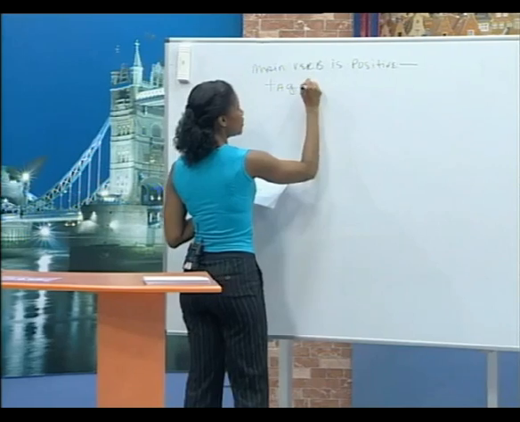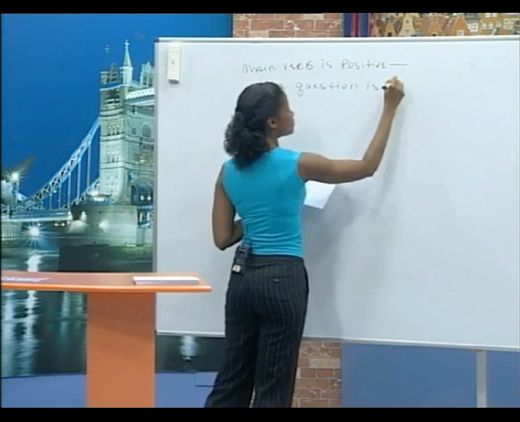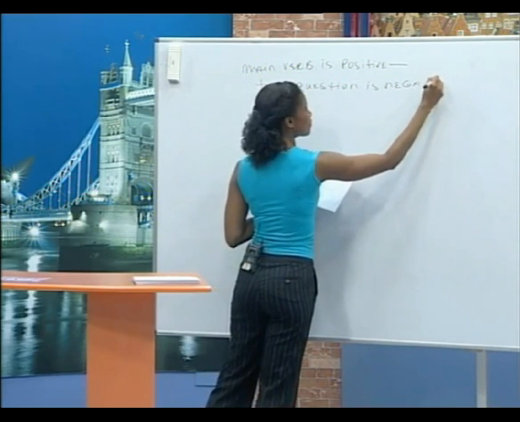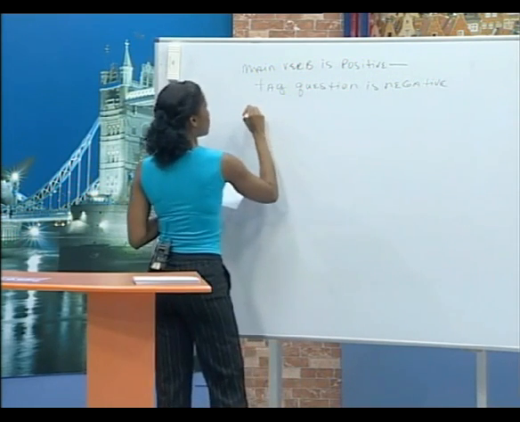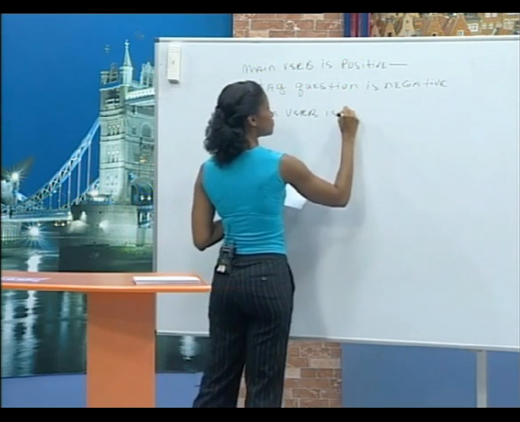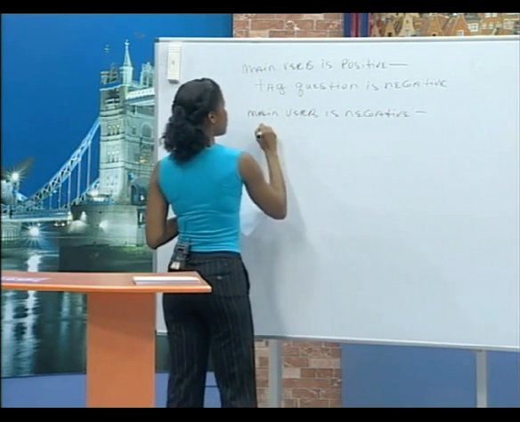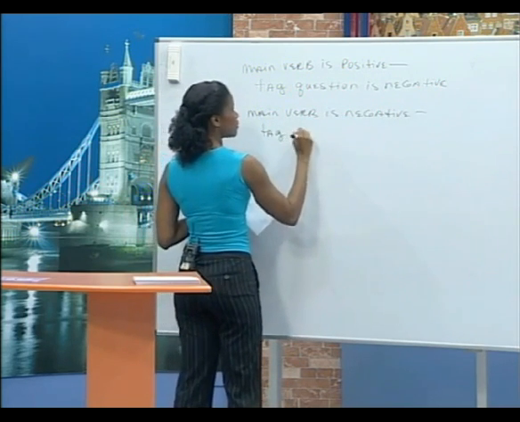A helping verb is used in a tag question. So when the main verb is positive, the tag question is negative. In the same way, if the main verb is negative, your tag question is what, Sylvia?